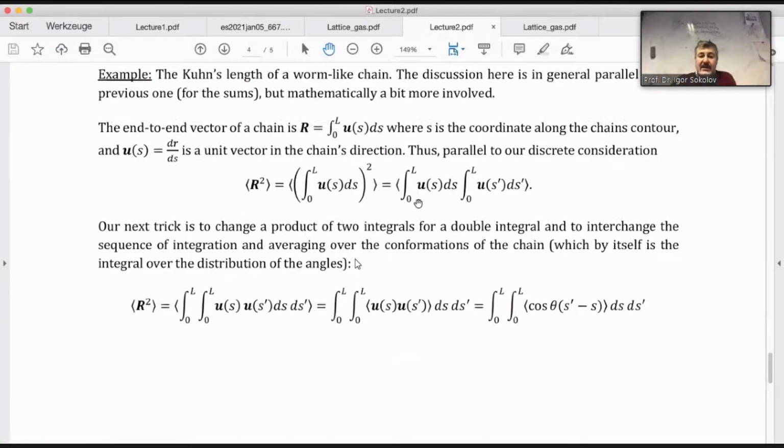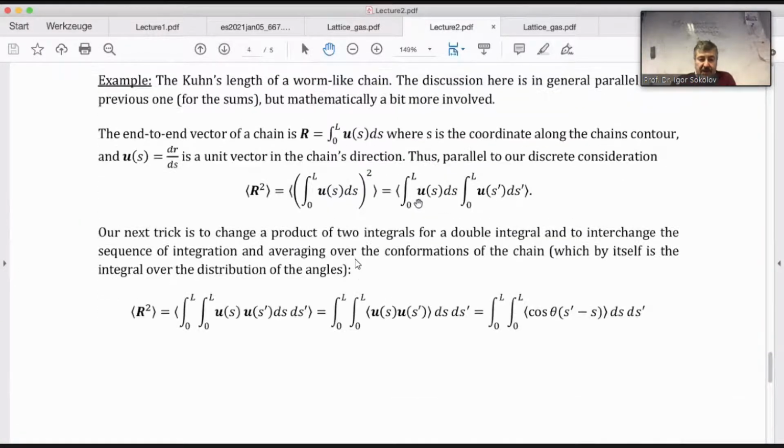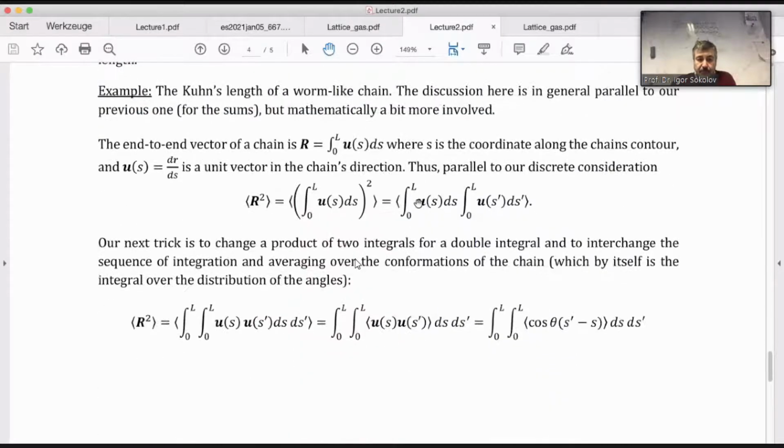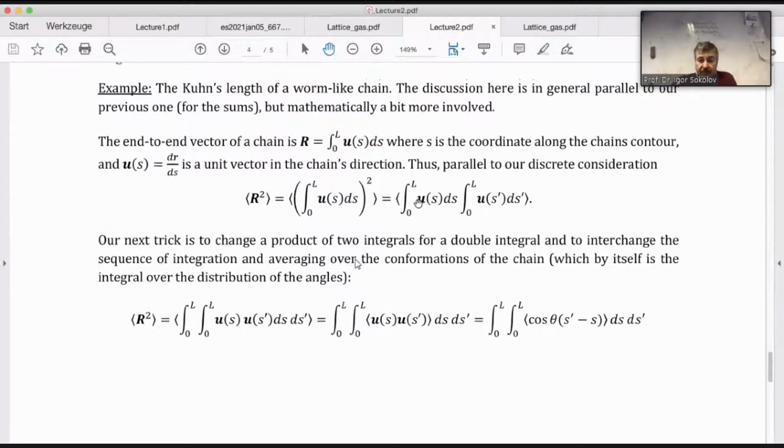Now I make a simple calculation, and then I will be ready for today. I will calculate the Kuhn's length for a worm-like chain.